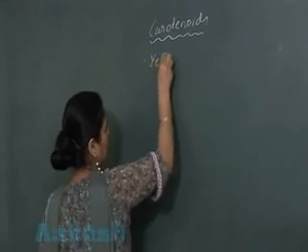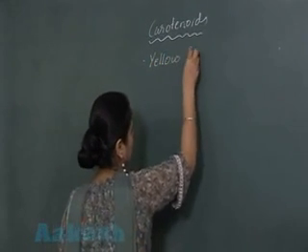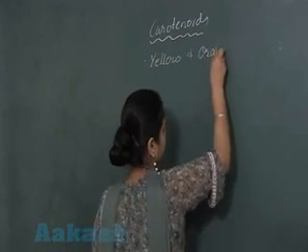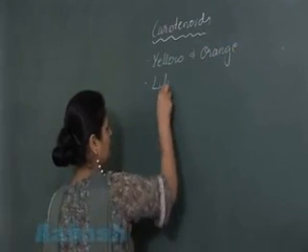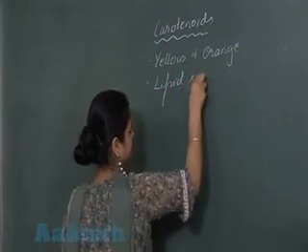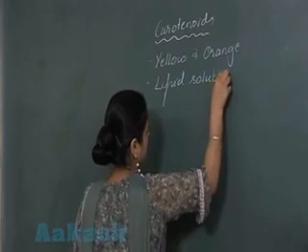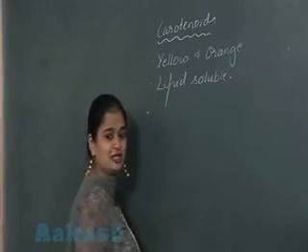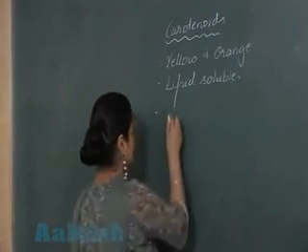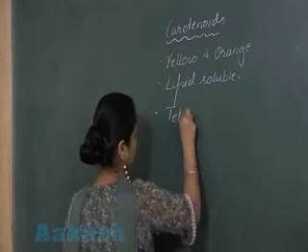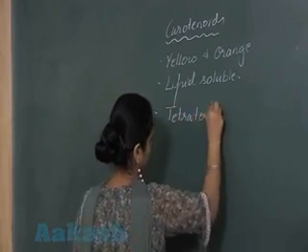Carotenoids are yellow, orange color pigments. These pigments are lipid soluble. Carotenoid consists of 4 terpenes. Yes, they are tetraterpene structures.